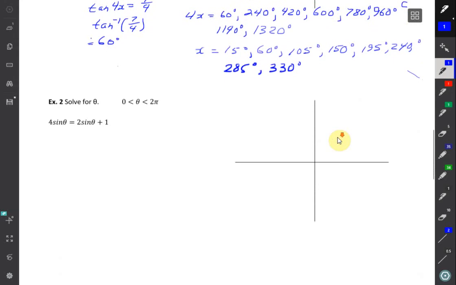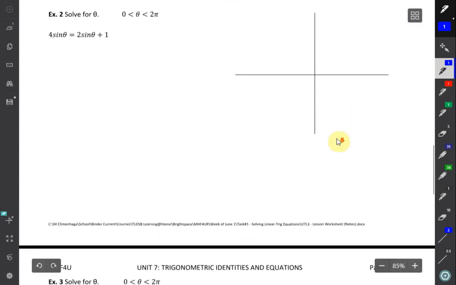This next question looks more like the others that we were working on. So here we again want to get all the trig ratios on the one side, numbers on the other.